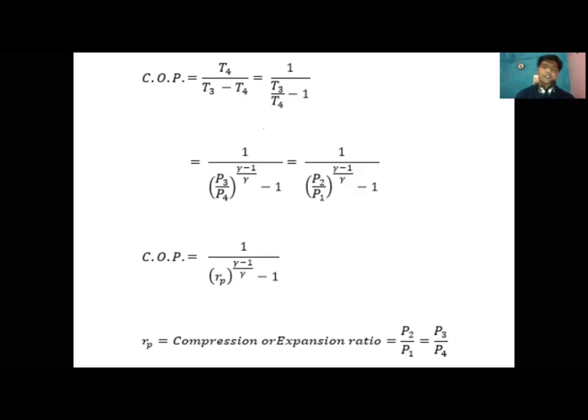Finally, T3 by T4 in terms of pressure ratio is (P3 by P4) raised to (gamma minus 1) by gamma. So 1 divided by (P2 by P1) raised to (gamma minus 1) by gamma, minus 1, because P3 by P4 equals P2 by P1. Finally, P2 by P1 or P3 by P4 is written as Rp, the compression or expansion ratio, or pressure ratio. The final COP is 1 divided by (Rp raised to (gamma minus 1) by gamma, minus 1).